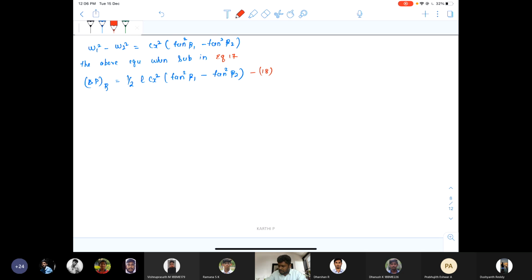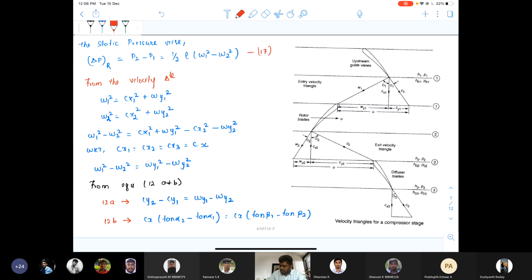Now, in a similar fashion, if you substitute the parameters for the diffuser, that is, this is the diffuser section, from 2 to 3. We have derived the static pressure rise in the rotor, that is delta P of R, from stage 1 to stage 2.